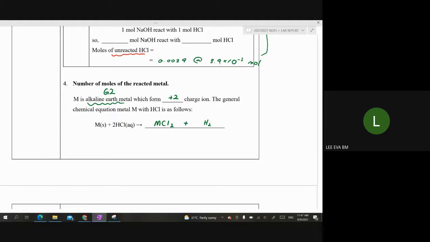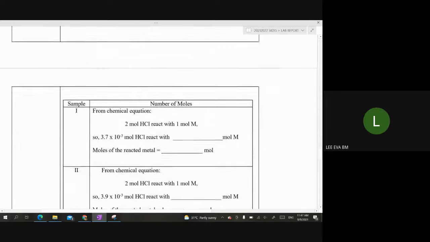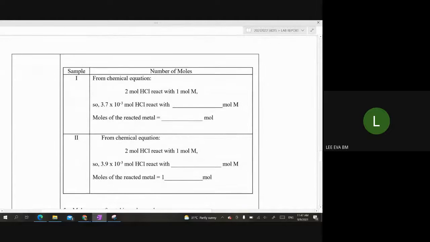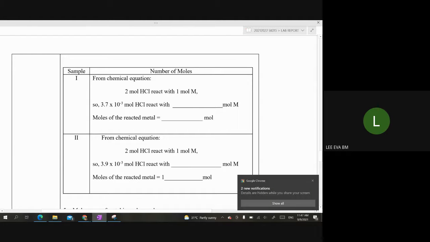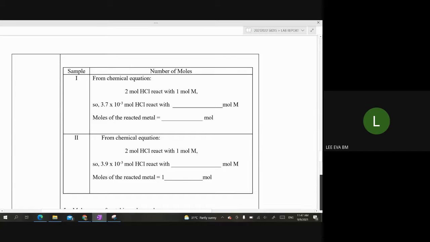So 1 mole of metal, 2 mole of acid. So how are we going to calculate the reacted metal? We want to use the mole of the HCl reacted with the metal.